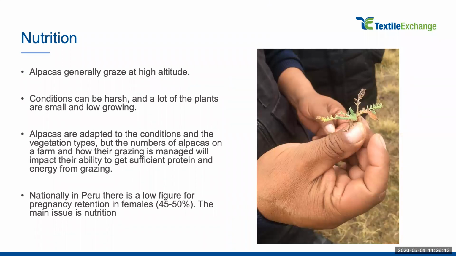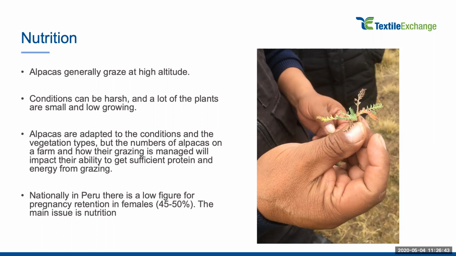So as Callie has explained, alpacas are mainly being farmed at quite high altitudes, and the conditions can be very harsh. Even in the better times of year, it's quite a difficult environment to be farming animals, and a lot of the native plants that are being grazed by the alpacas are small and low growing.